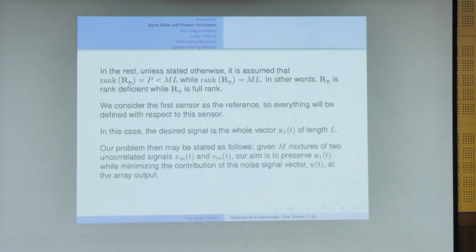That's why it is important that the rank of Rx is smaller than ML, that it is not full rank. Otherwise, if it's full rank, we can still reduce noise, but necessarily it will come with signal distortion, which is still okay because we can use Wiener or we can reduce noise from the weak signal components.